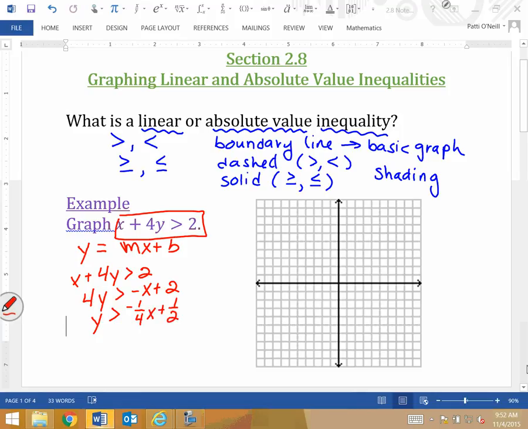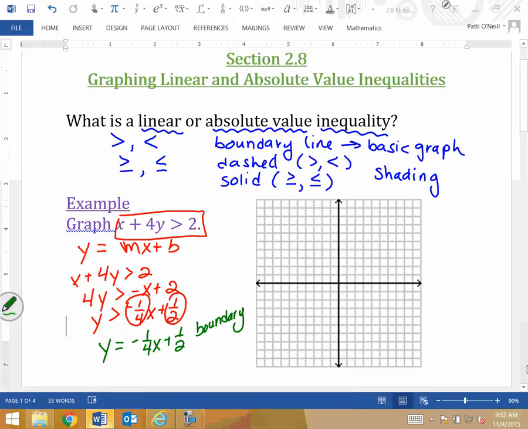This means that the y-intercept of this graph is 1/2 and our slope is equal to negative 1/4. So the equation y equals negative 1/4 x plus 1/2 is my boundary line.